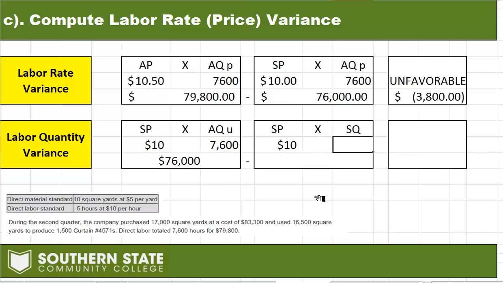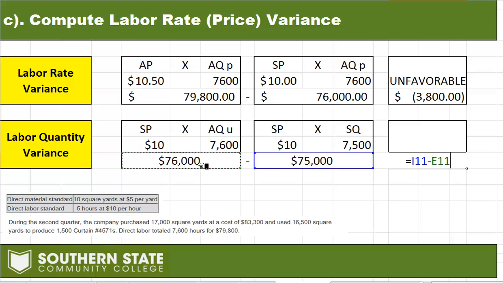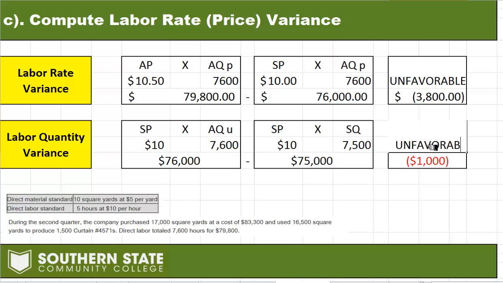Our standard quantity is going to be 5 hours per unit times 1,500 units. 5 times 1,500 gives me 7,500. Multiply that by my standard, and I get a standard of 75,000. So I'm going to take my 75,000 minus my 76,000. I get an unfavorable variance of $1,000.